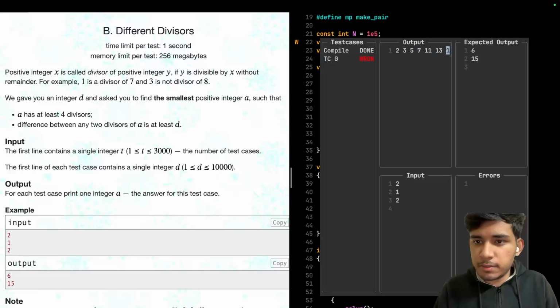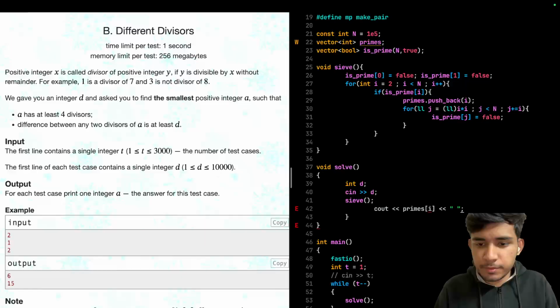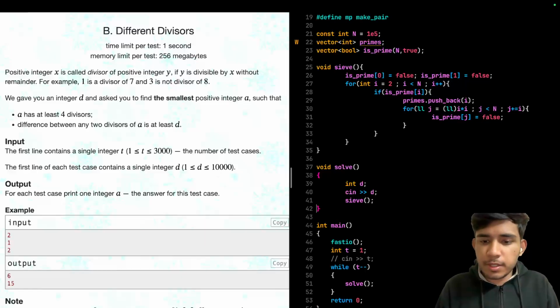For the primes we have, it's working perfectly.